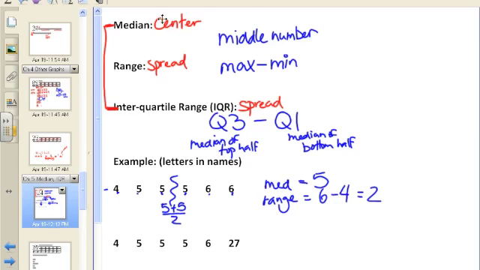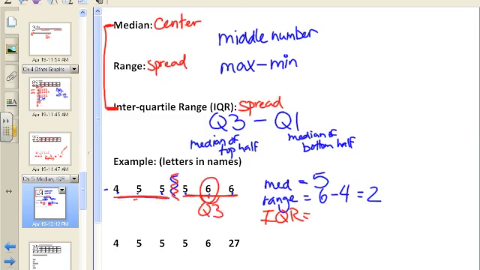All right, and then for our IQR, I'll do this in red so it maybe stands out a little bit more. IQR. Notice we have here the middle, so I've divided my data into a top half and a bottom half. So up here, there are 3 values, 5, 6, 6. So I'm going to find the middle. That's Q3.